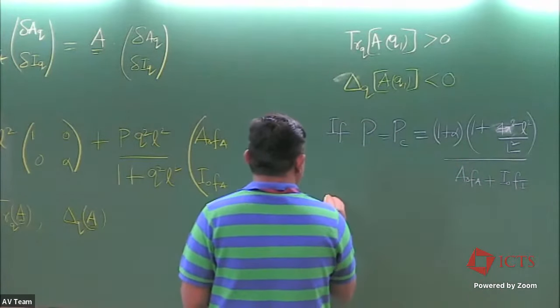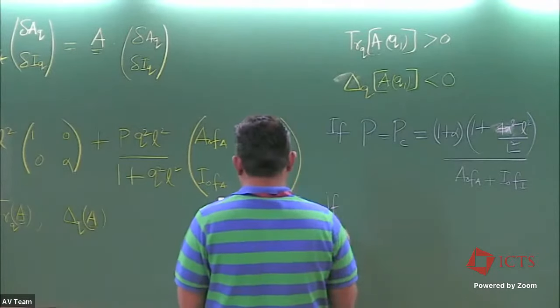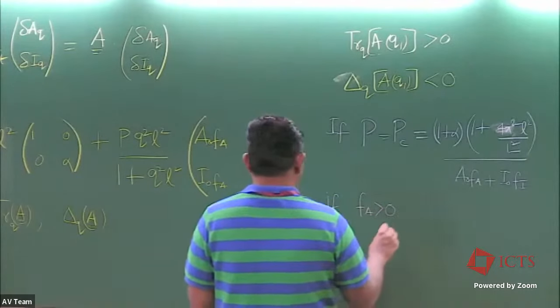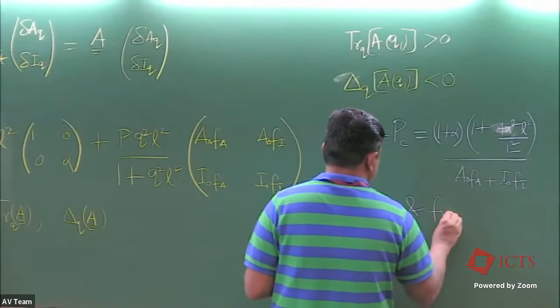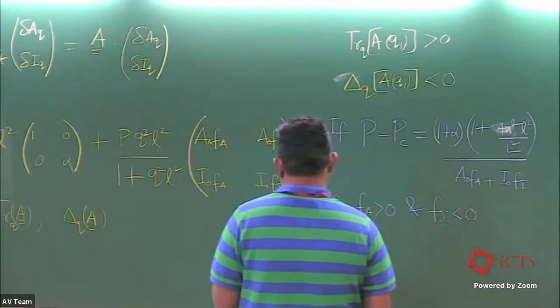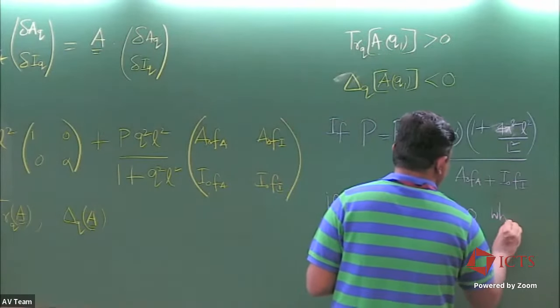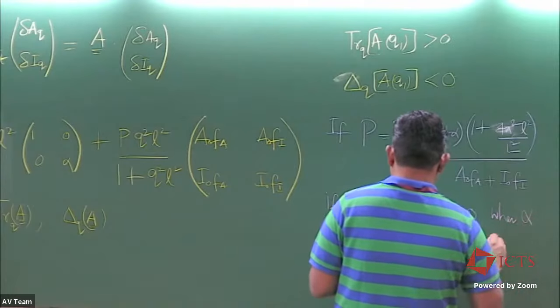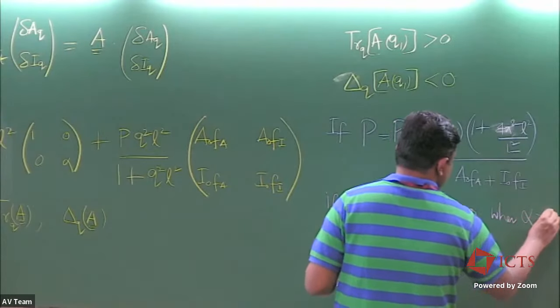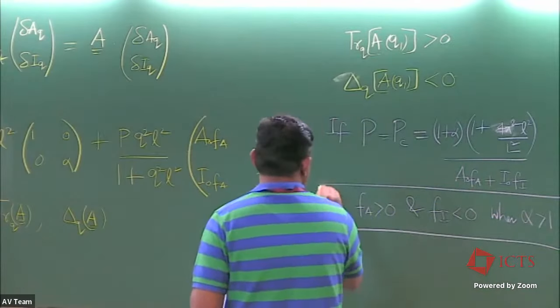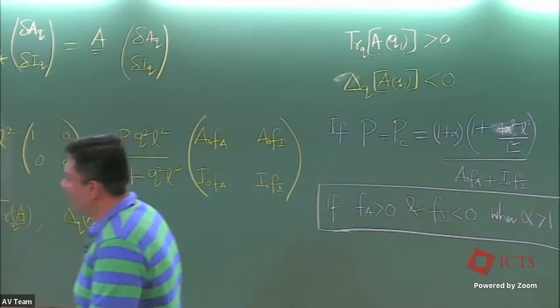It undergoes an instability at this critical point if Fa is greater than 0 and Fi is less than 0, when alpha is greater than 1. Okay, so that's a summary.